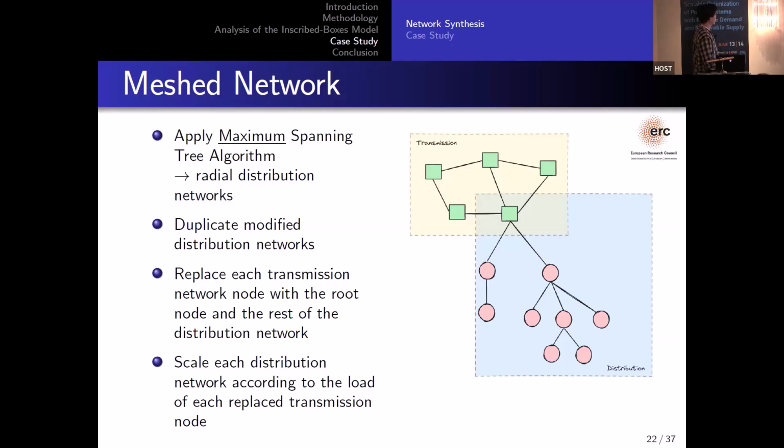As I said, we replaced each transmission node with the whole distribution network, and then scaled each distribution network according to the load of each replaced transmission node. Note here, this was done for a certain time step that we chose arbitrarily, and the scale factor was multiplied to the line capacities, the generator min-max capacities, and of course the load profiles.